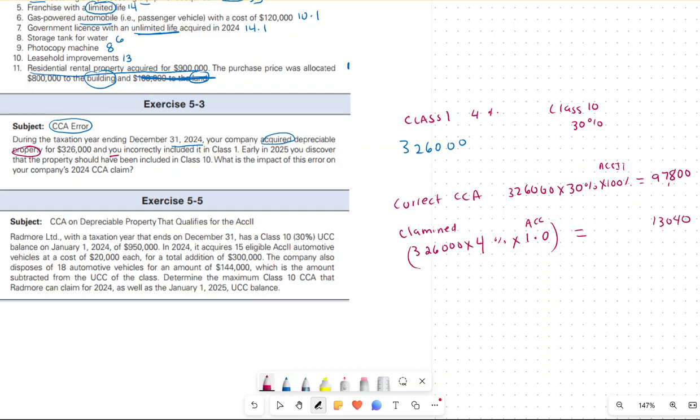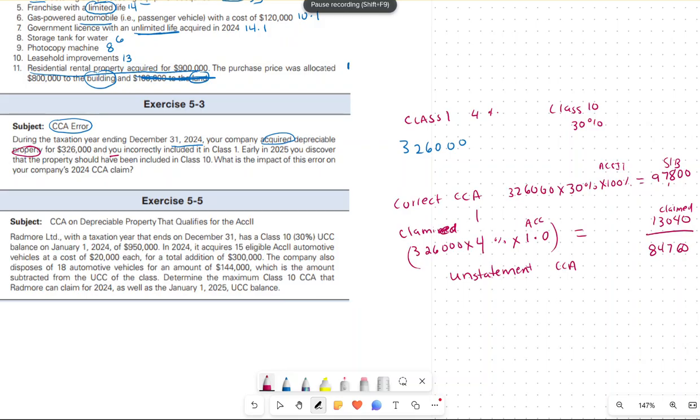So this is what we claimed, and this is what we should have claimed. The difference between the two numbers is 84,760. So we have an understatement of our CCA. We should have taken a deduction and we didn't.